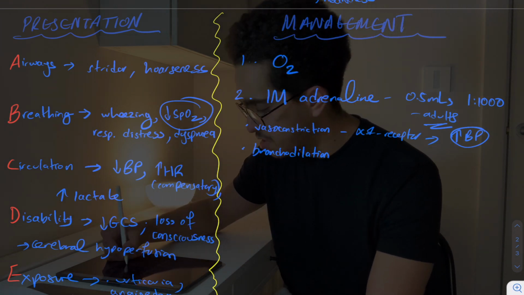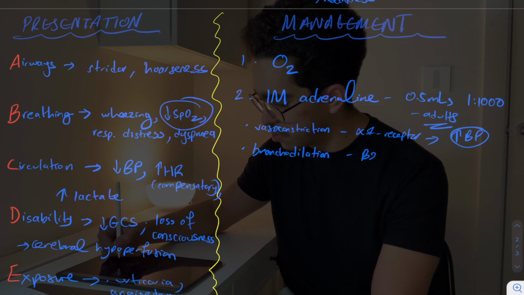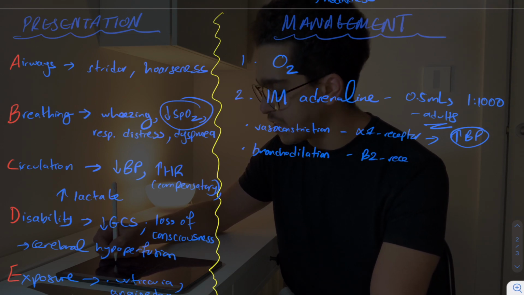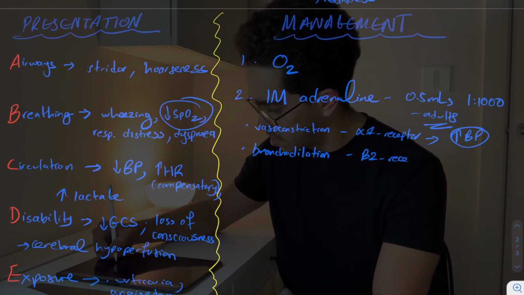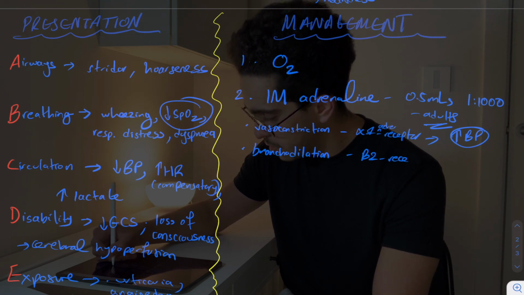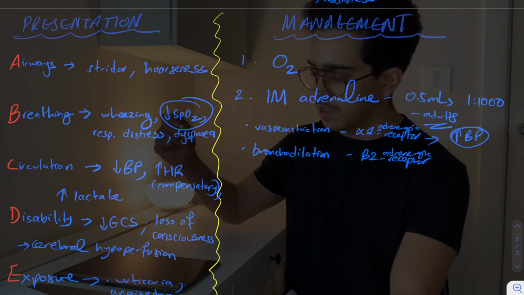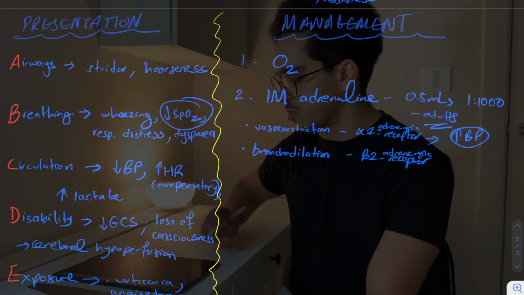Okay, bronchodilation via what receptors? The beta-2 adrenergic receptor. Okay, cool. So adrenaline causes vasoconstriction and bronchodilation.